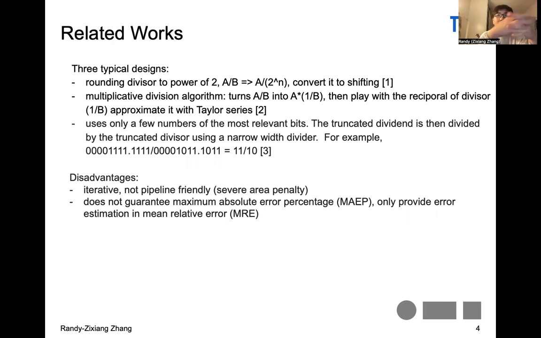And the second one is turning the division problem into a multiplicative division, which means turning A divided by B into A multiplied by the reciprocal of the divisor B. Then you use a Taylor series to expand the reciprocal; in hardware, it goes through several iterative cycles.